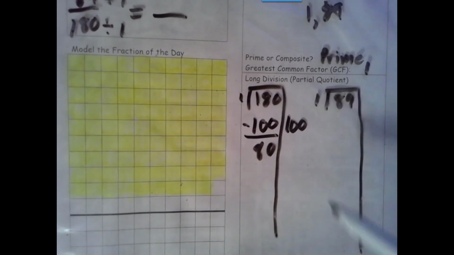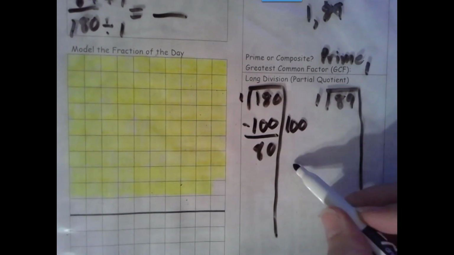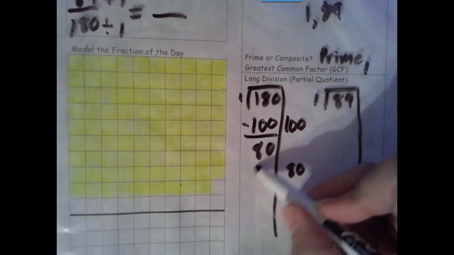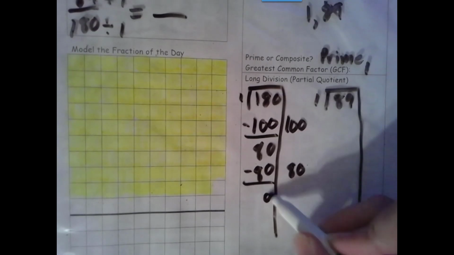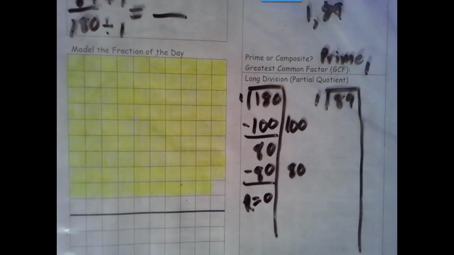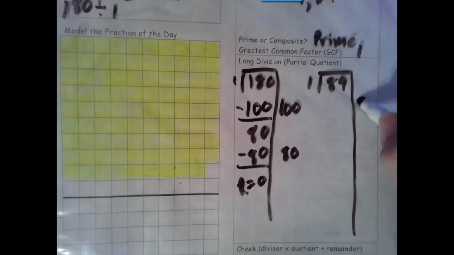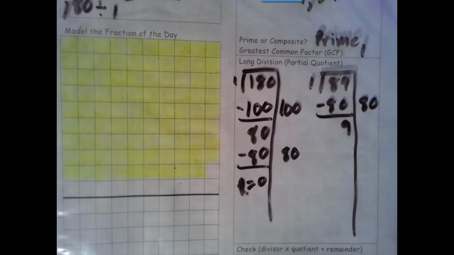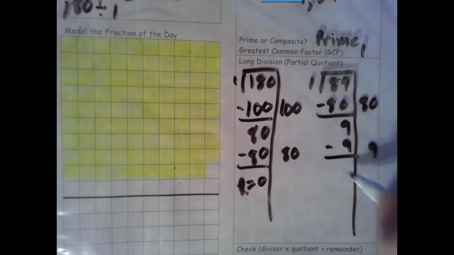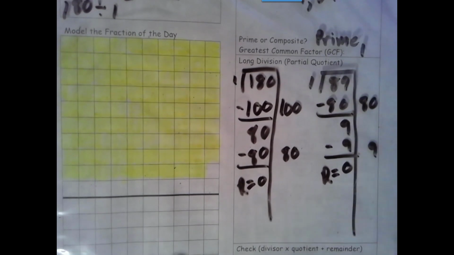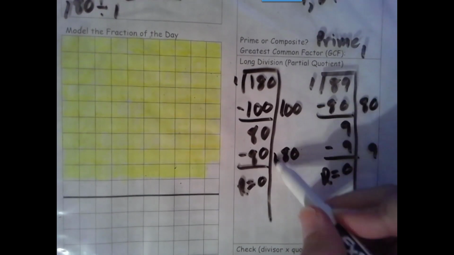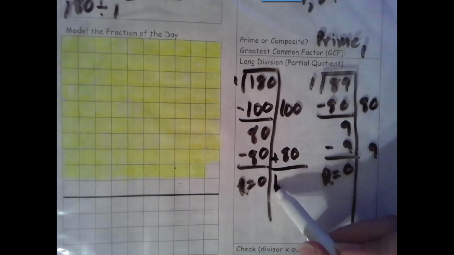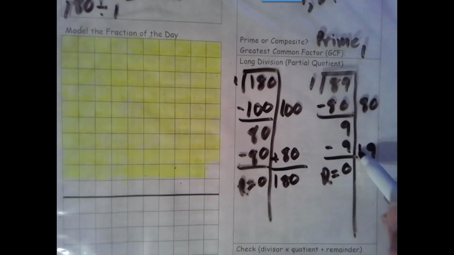More on top, no need to stop. 80 times 1 is 80. Numbers the same, zeros the game. 9 times 1 is 9. Numbers the same, zeros the game. All right, we add our partial quotients together. 100 plus 80 is 180. 80 plus 9 is 89.